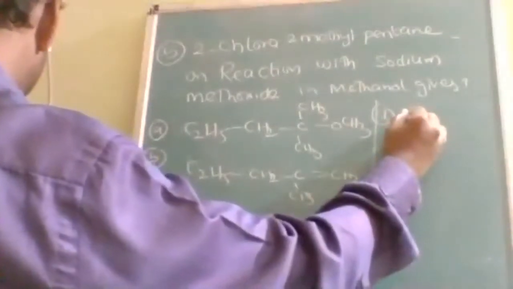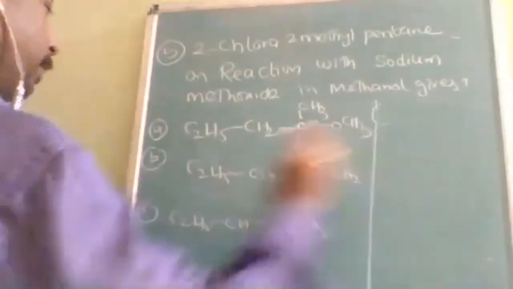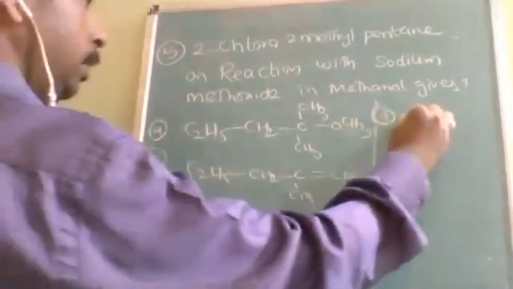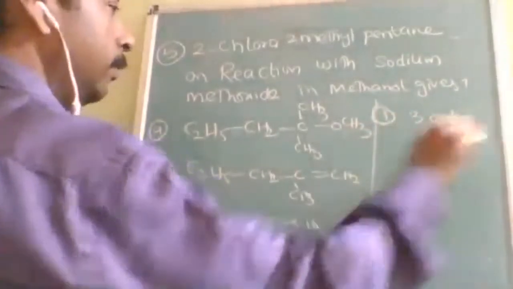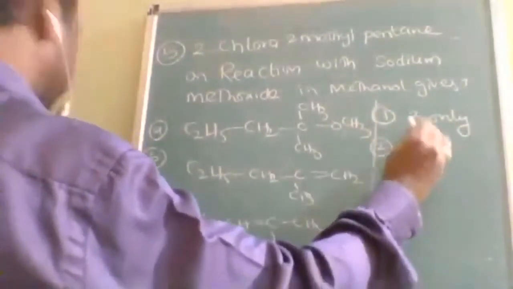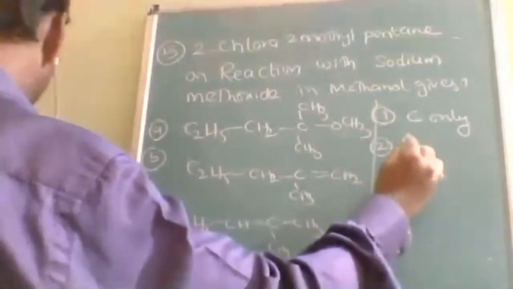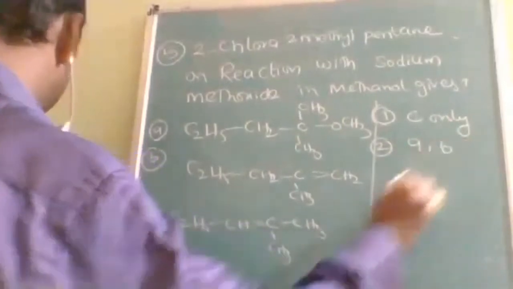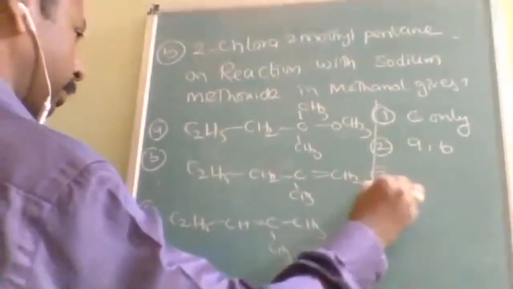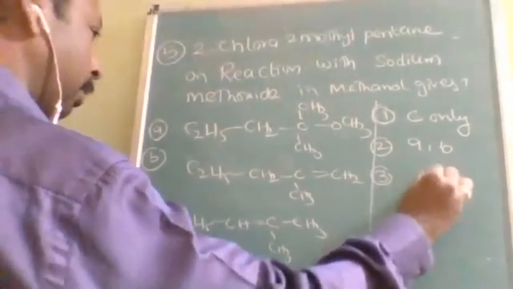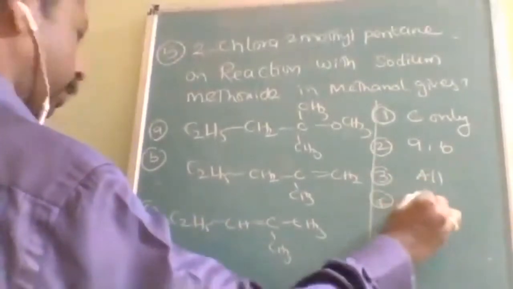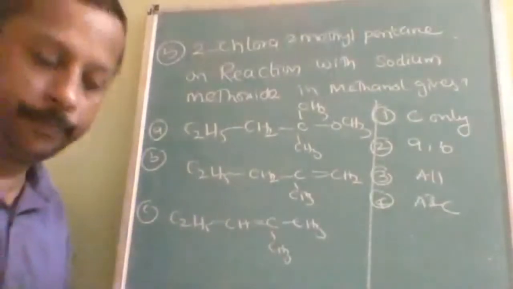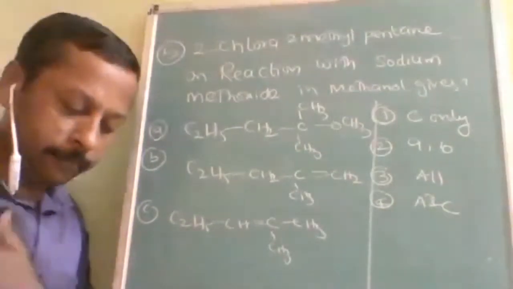Sorry, these are not the options. Option 1 is A only, option 2 is C only, and option B is A comma B. Option third is all. And option fourth is A and C. Okay, read the question carefully.